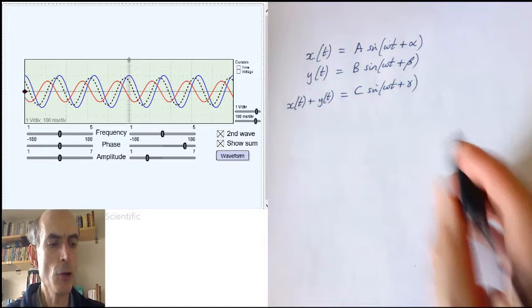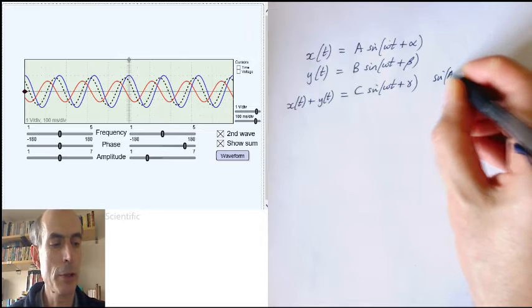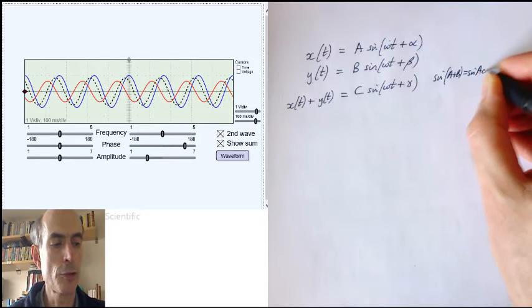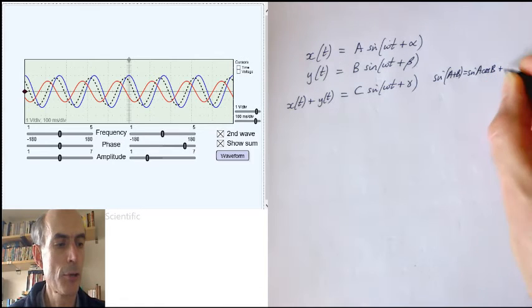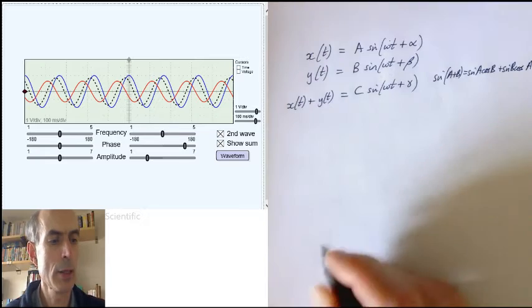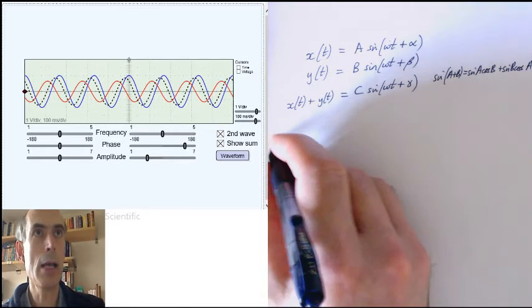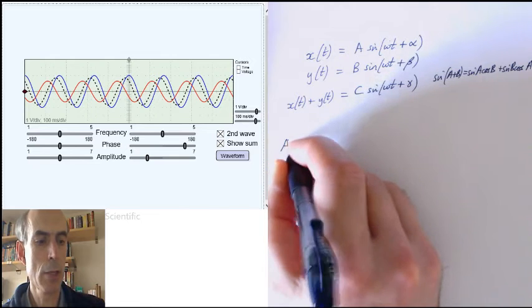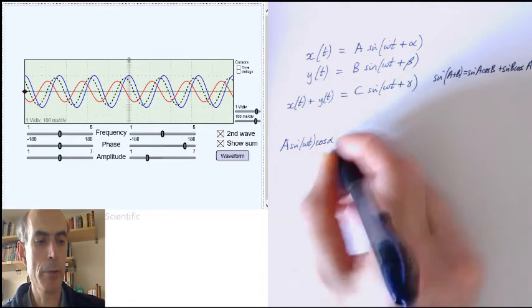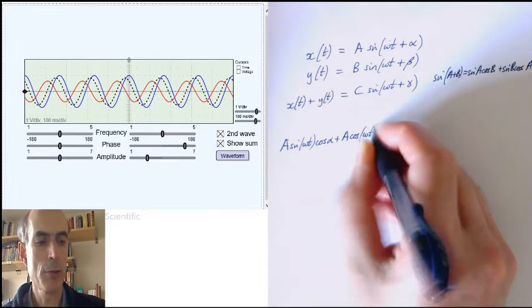Now, if I use the useful trigonometrical identity that sine of a plus b is sine a times cosine b plus sine b times cosine a, then I could express this as A sine omega t cosine alpha plus A cosine omega t sine alpha.